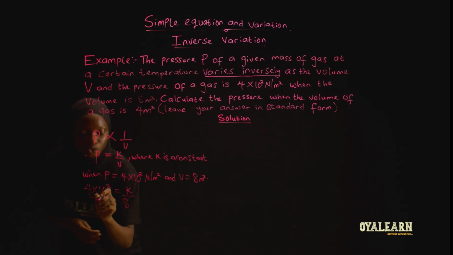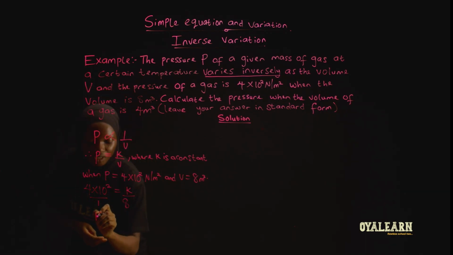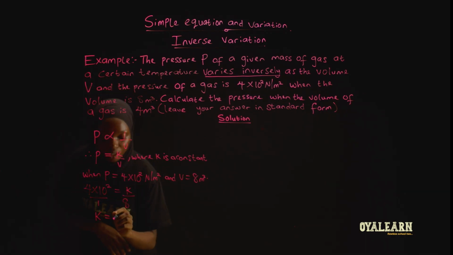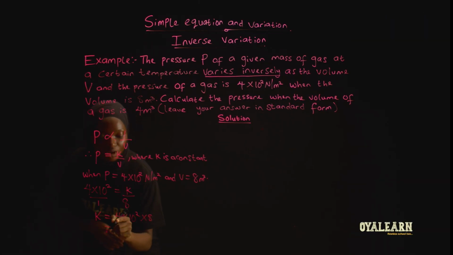And this is the same thing as over 1. We can cross multiply. We have 1 times K, that gives us 1K, which is the same thing as K. So we have K equals, now we'll multiply these two together, 4 times 10 raised to the power of 2 times 8. And here we'll be having 4 times 8, that's 32, times 10 raised to the power of 2.